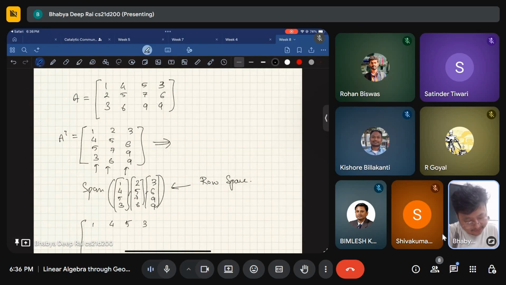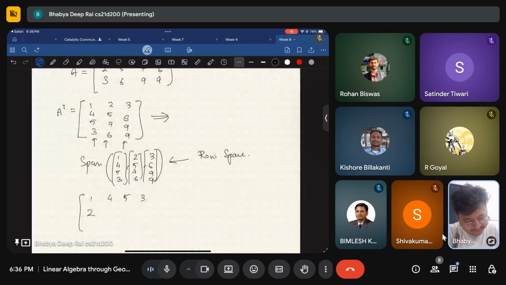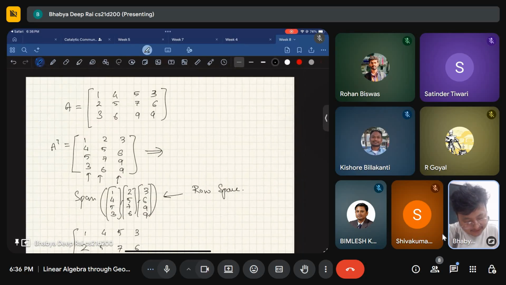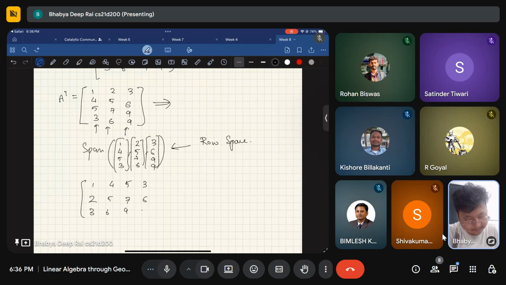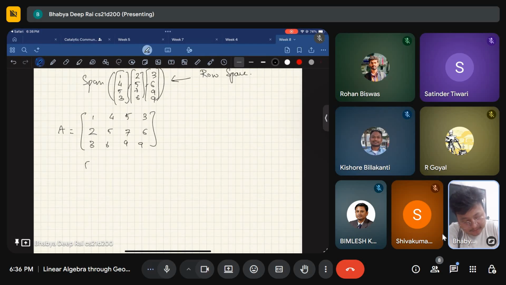So I can do row operations here: 1 4 5 3, 2 5 7 6, 3 6 9 9. Remember that if I do row operations on this original matrix A, it means I'm doing column operations on A transpose. I'm trying to eliminate this 2.